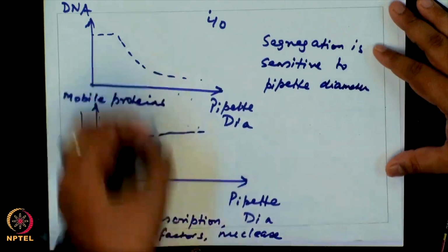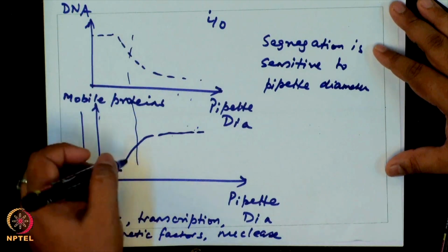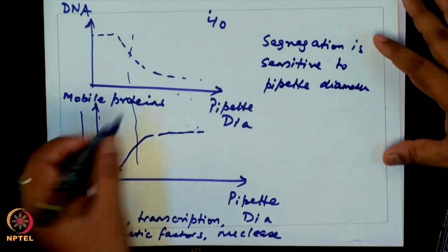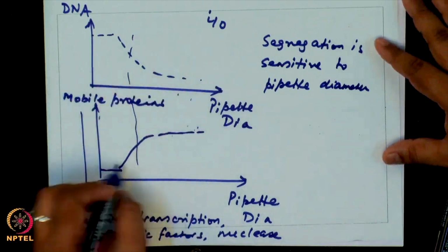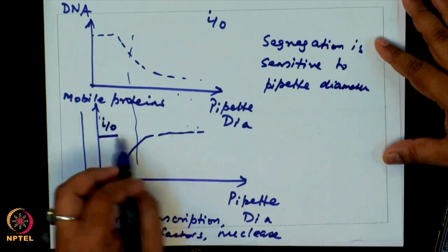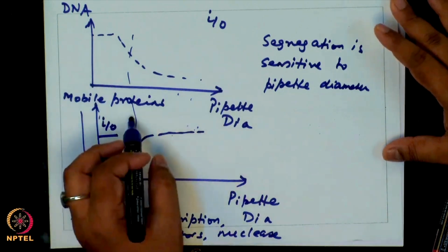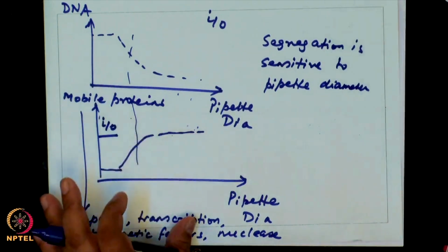In this zone, when you are reducing the pipette diameter, you see that the mobile protein intensity inside to outside drops significantly. This is the I by O ratio. So this suggests that this segregation can be a cause of DNA damage, long term.